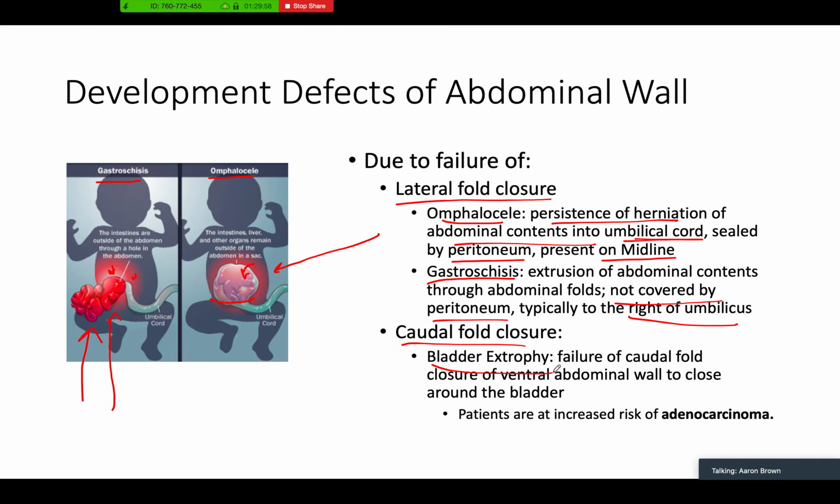The problem is that patients with this bladder exstrophy at birth have an increased risk of cancer of the bladder. So down the line, it's something that we need to watch out for, because if they are born like that, then they have that higher risk of cancer of the bladder.